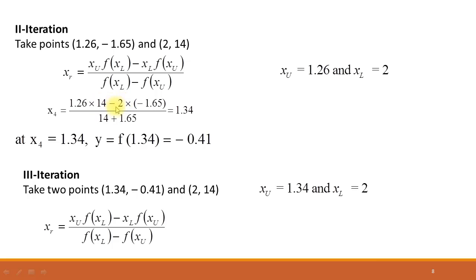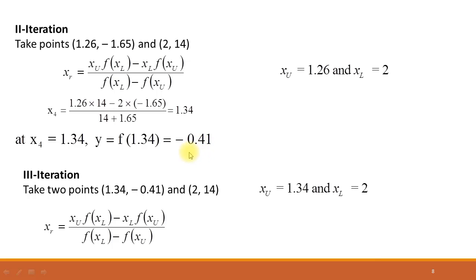Now simplifying this expression, we get the fourth root as 1.34. Now for the fifth root, check the sign of the function at this x4. Putting x4 in the given equation, we have minus 0.41.